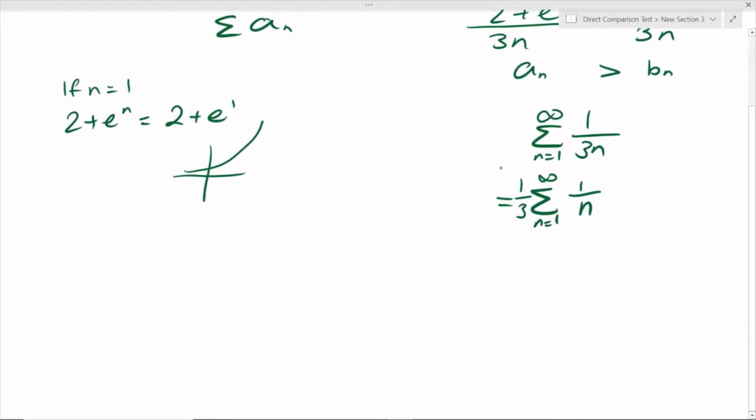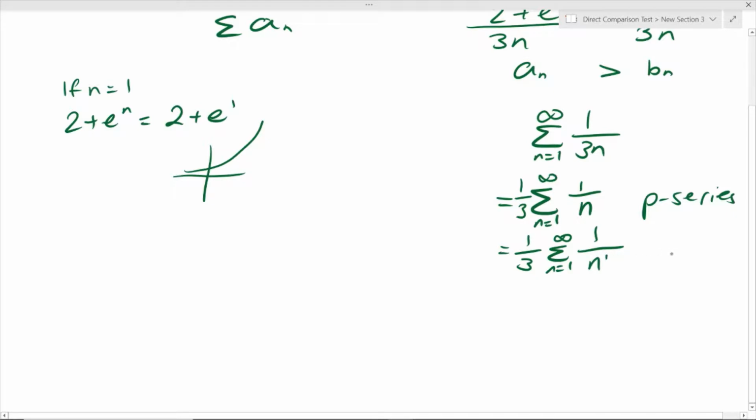And since we brought it out, we can see, oh, well, this whole thing, what does this leave us with? It leaves us with a p series. And this is a p series with p equals 1. So let me show you what I mean by that. The exponent here is 1. Our p is equal to 1.